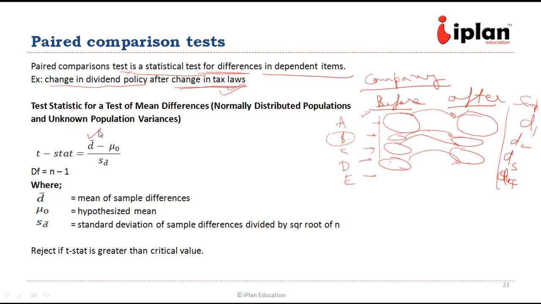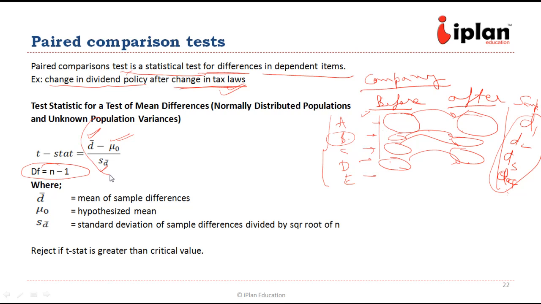This D bar is nothing but the average of these differences in a particular sample. Mu naught is the value of population mean difference which we want to compare, and SD bar is the standard deviation of this difference in the sample. Degree of freedom is again n minus 1, where n is the number of elements in our sample.